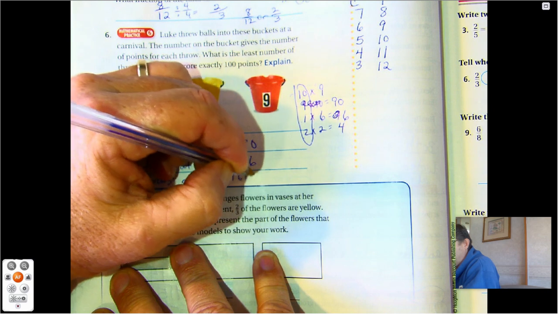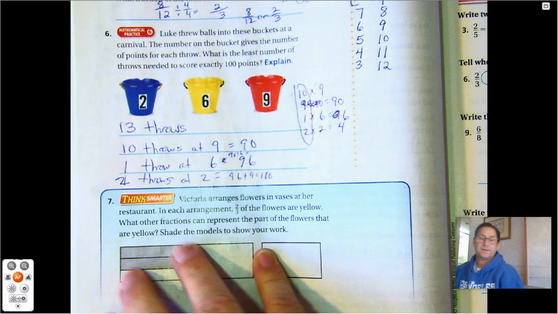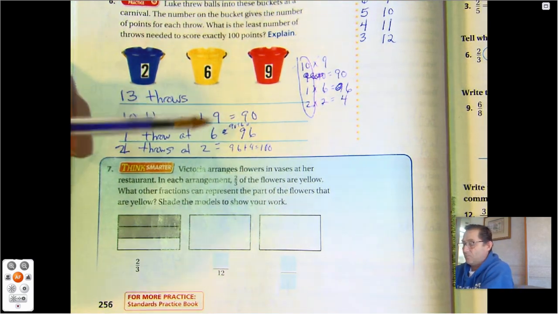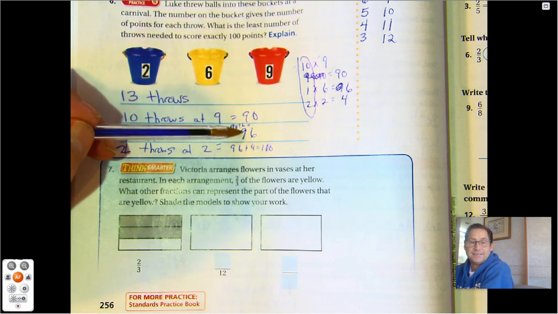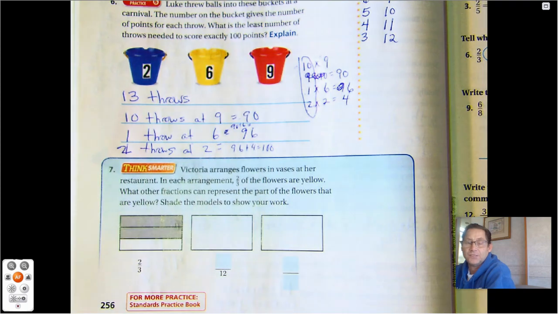Okay. So 10 throws at 9, he's at 90. One throw at 6, 90 plus 6 is 96. 2 throws at 2, 96 plus 4, he'd be exactly 100. Okay. So 13 throws.